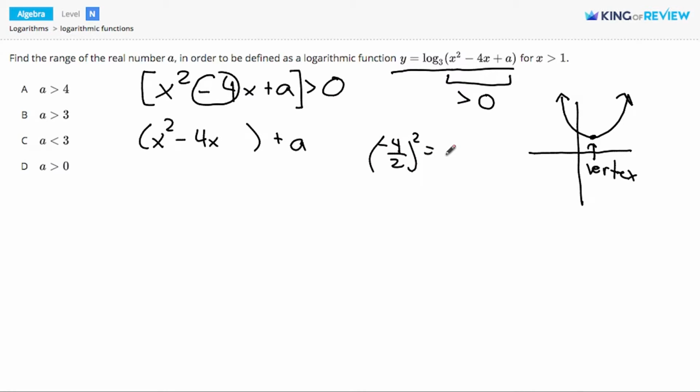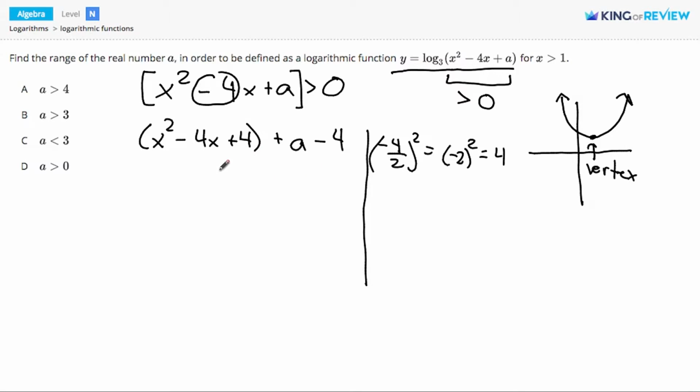Negative 4 divided by 2 is negative 2, and negative 2 squared is positive 4. I'm going to add 4 inside the parentheses, and then because I don't want to change this problem, I'm going to subtract 4 outside the parentheses to make sure that ultimately I haven't changed the problem. Adding 4 and subtracting 4 cancel each other out.